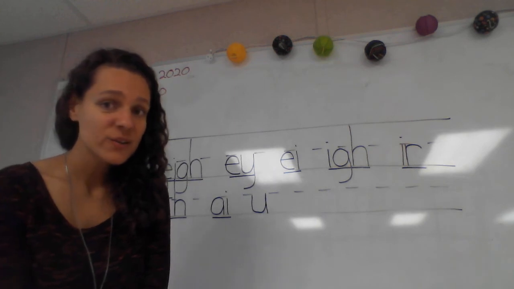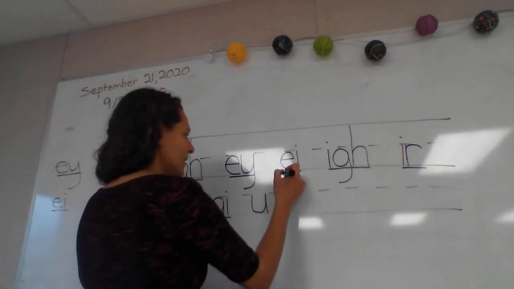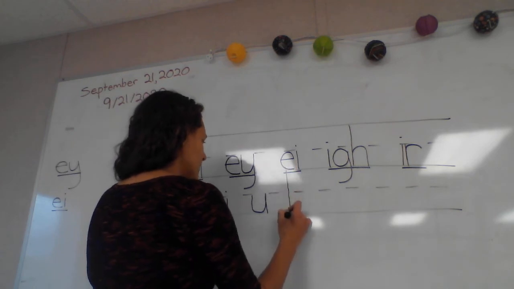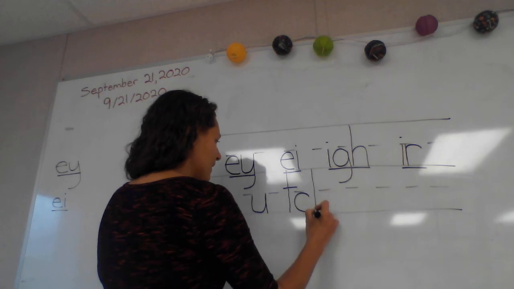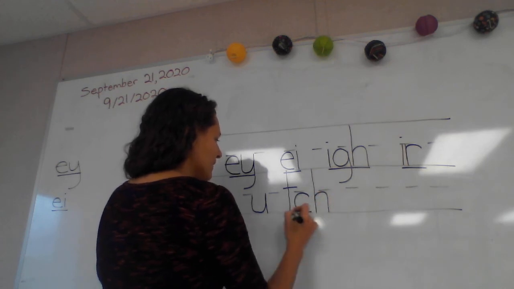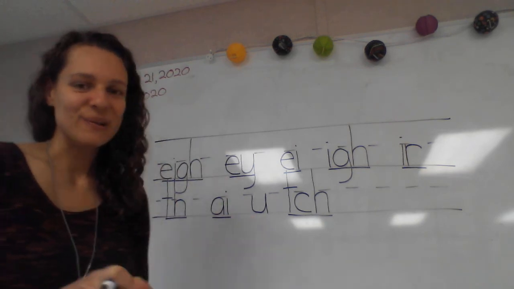All right, class, what did you just write? All right, good. Ch, three-letter ch, used after a single vowel that says a, or a. All right, nice work. So if you didn't have that, you know what to do.